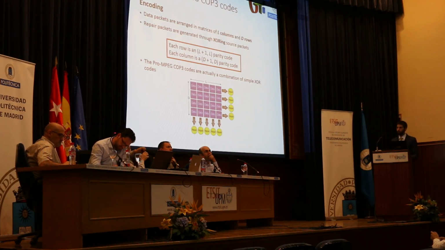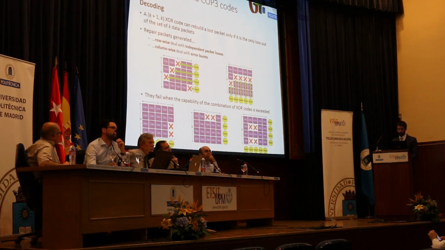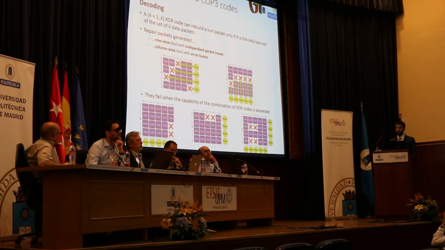The creation of these repair packets is the result of applying an XOR operation over several data packets. So in the end, COP3 codes are nothing more than a combination of simple XOR codes. What is characteristic of these codes is that they can only recover up to one data loss out of the number of packets that were used to create this repair packet.